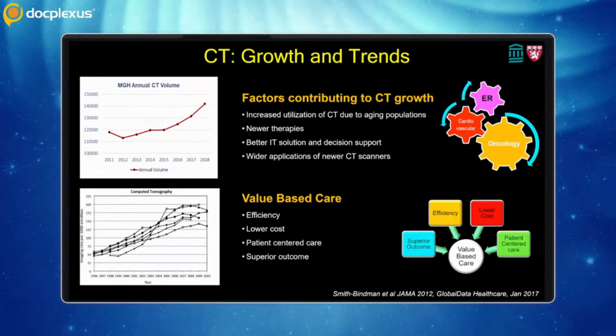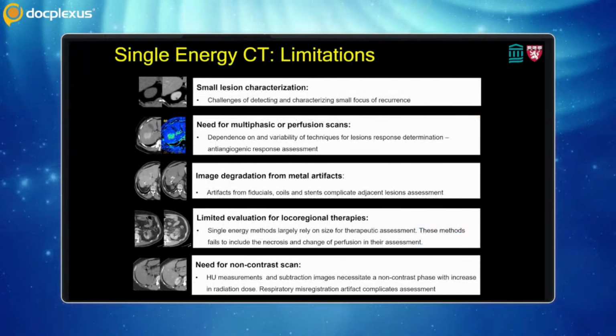Now, Dr. Joshi spoke about CT and its value in the pancreas. Single energy CT, which is by far the most commonly used technology around the world, is a terrific modality, provides a wide range of diagnosis, as Dr. Joshi said, in the pancreas, but it does have certain limitations.